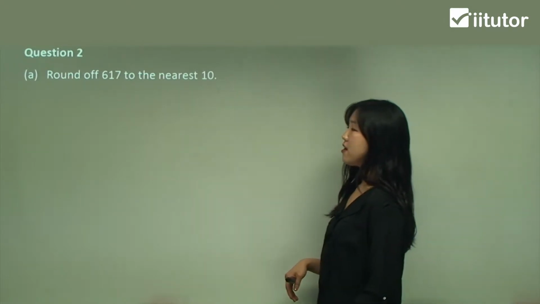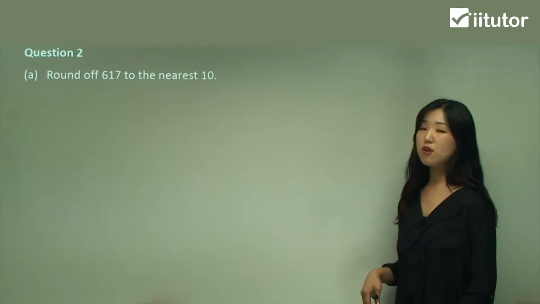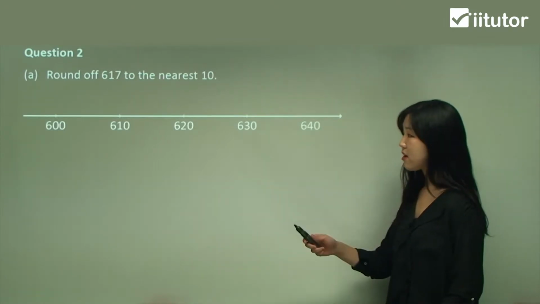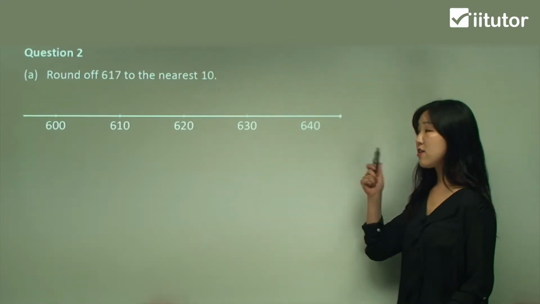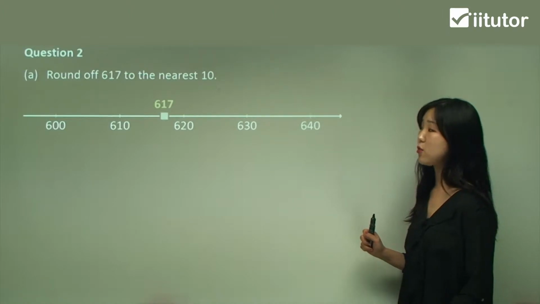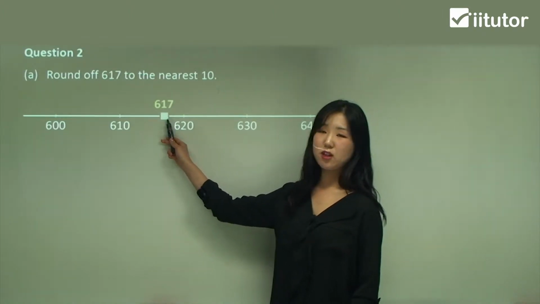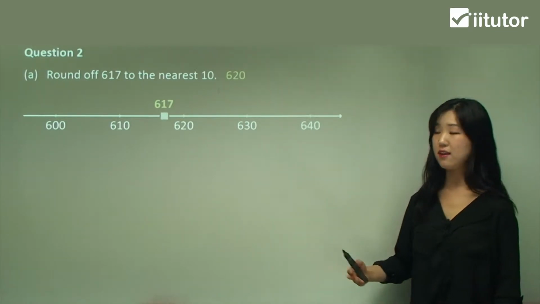Question 2, round off 617 to the nearest 10. So again, I'm going to go up by tens this time: 600, 610, 620, 630, etc. And I know that 617 is between 610 and 620. And 617 is a bit closer to the right-hand side, so therefore 620 it is to the nearest 10.